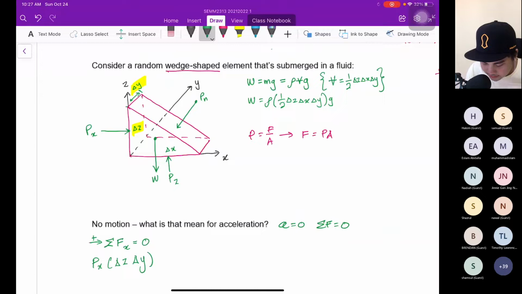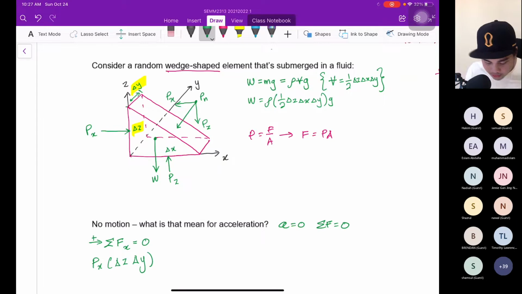Another force involved in the x direction, I think, is there because you can see here we have the slanting. Pn, definitely we need to convert into the x and z direction. So this is Pn, and let's say this is Px and this is Pz.